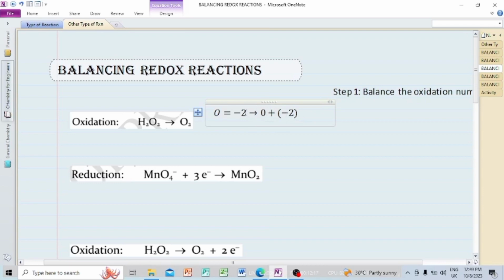Kasi kung dito tayo mag-add ng negative 2, hindi pwede, kasi negative 2 plus negative 2 is equal to negative 4. It's not equal to 0. So, para mabalance na lang sila, mag-add tayo dito ng negative 2.